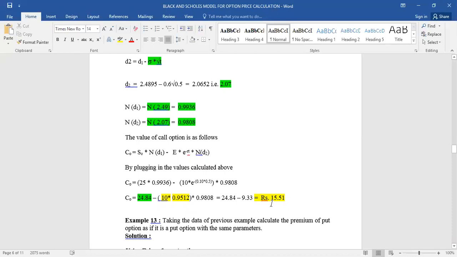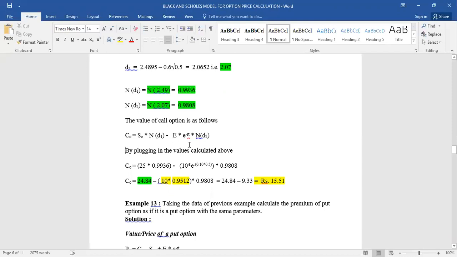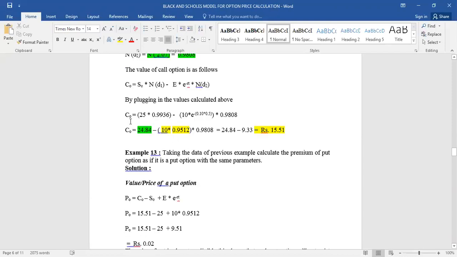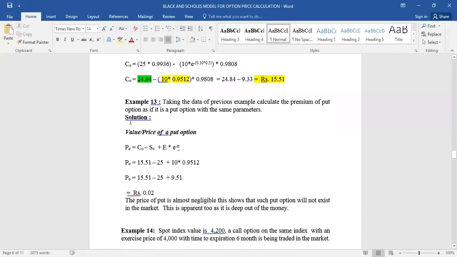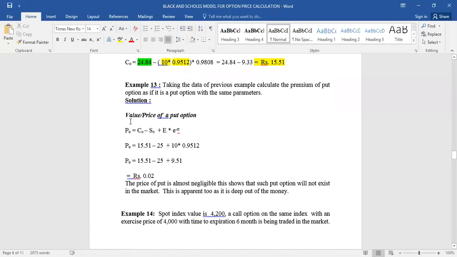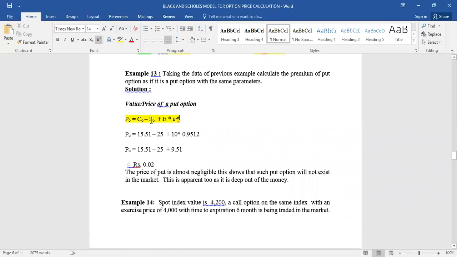Now take a quick look at how this premium can be converted into premium of put option by using the put-call parity. The put-call parity formula is given just in front of you, highlighted with 0. So what is the notation in this formula? P0 is the premium of put, C0 is the premium of call, S0 is the spot price, E is the exercise price, and then the function e raised to the power of negative RT.